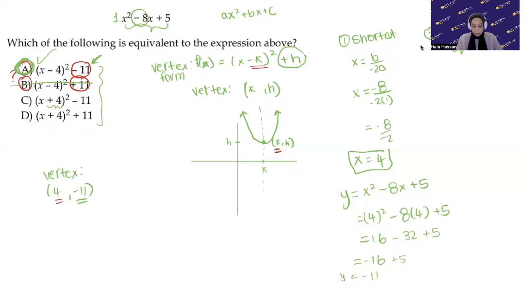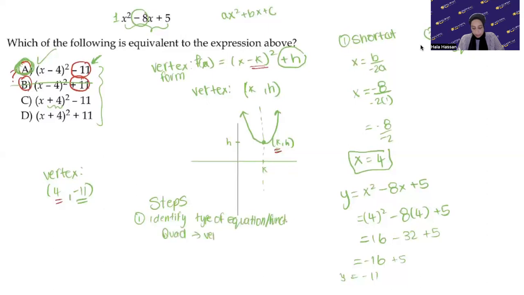Let's review our steps. Step one is to identify, again, we've done this before, right? We always say identify the type of equation we're working with, okay? We noticed it was a quadratic, slash function. So we identified it as a quadratic, and then we identified it as vertex.